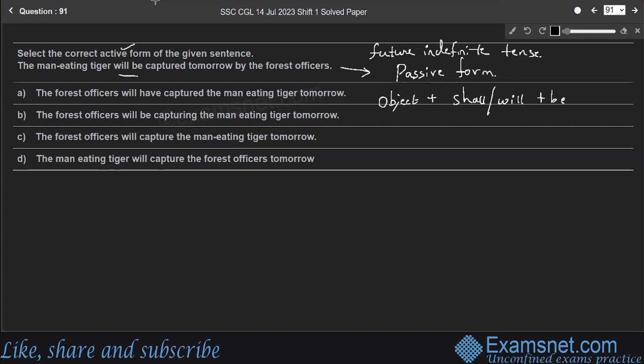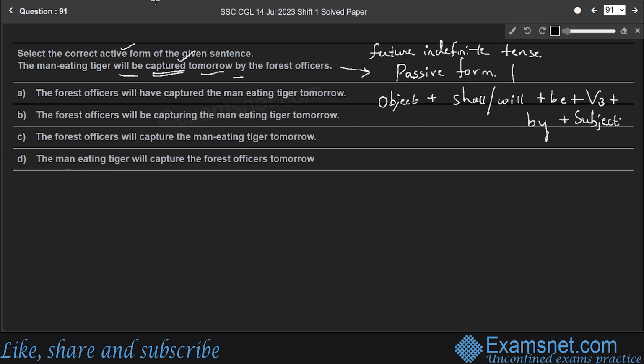Will be is introduced, which is followed by the past participle, the V3 form of the verb. Here it is captured. This is followed by, so will be captured tomorrow by whom? By the subject.